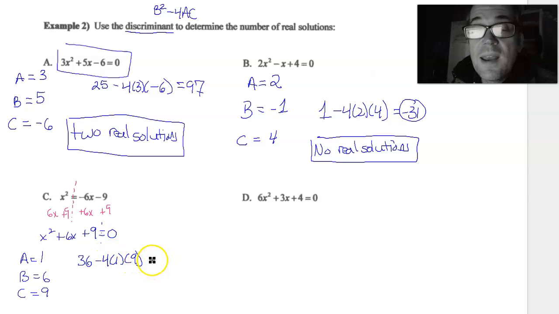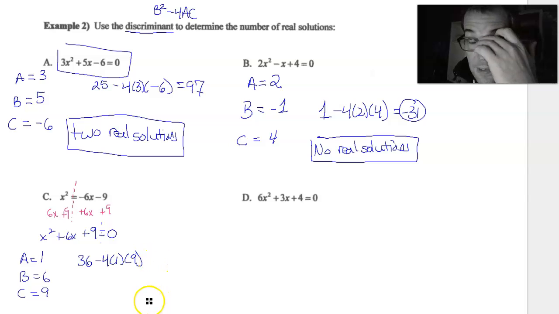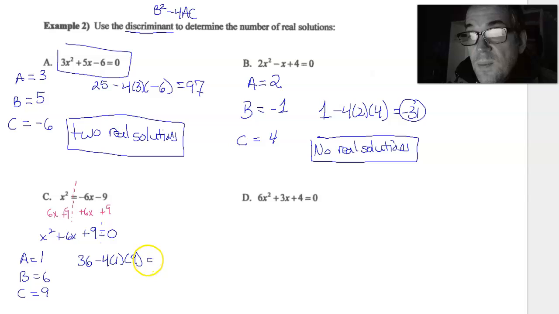So I squared b in my head, and I'll type in the calculator 36 minus 4 times 1 times 9, and the calculator is going to tell me 0. Don't care about the value, I care about the sign. Well, in this case, it's not positive or negative. It is 0, and that means since the discriminant is 0, this will have 1 real solution.